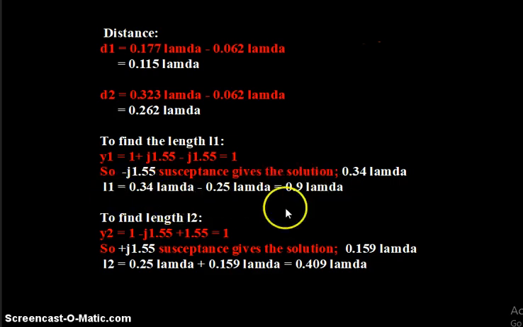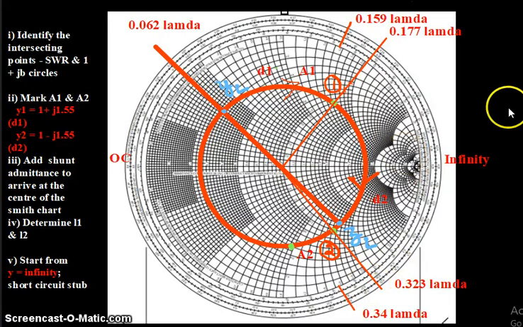Now, we are going to find the length of the line. Before that, we are going to identify which is our starting point. That is the next step. Start from y equal to infinity because we want a short circuit stub.